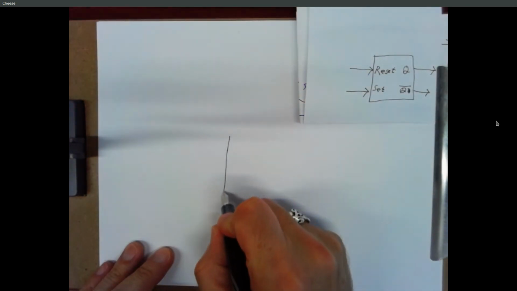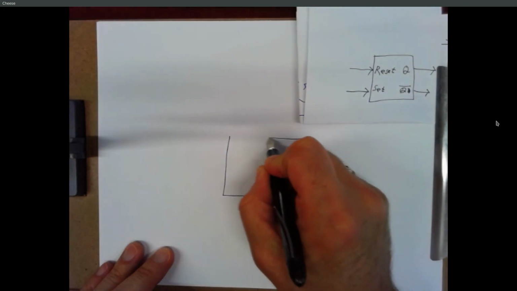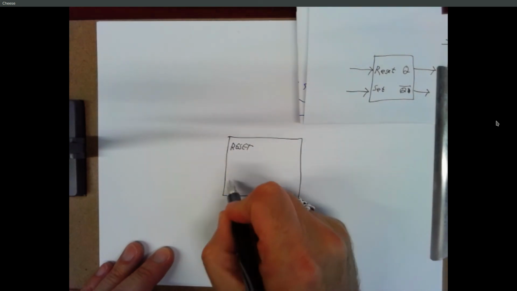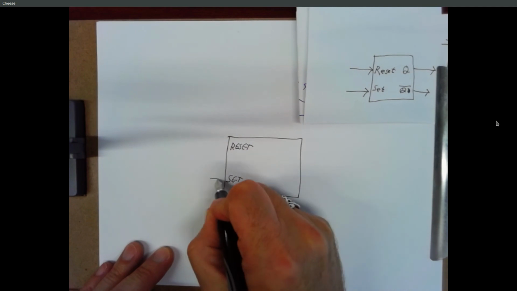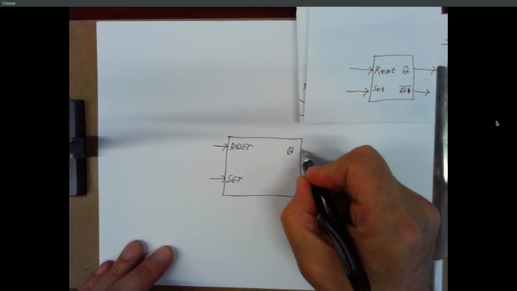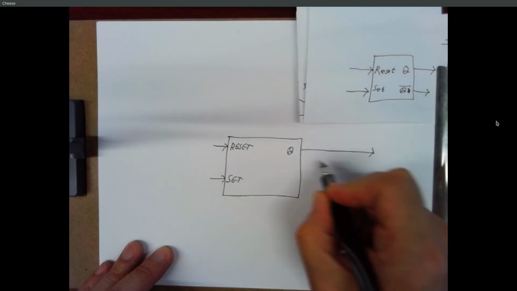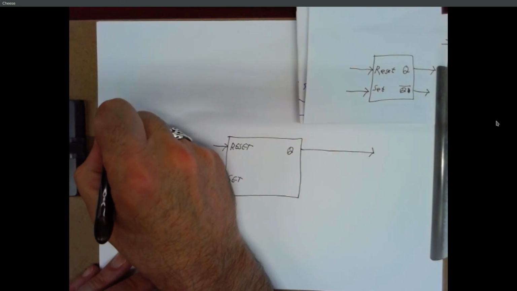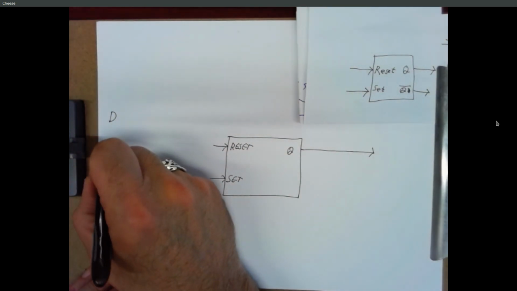We're going to use one of those. And our final output is going to come from Q. But we want a D input, and we want a load.